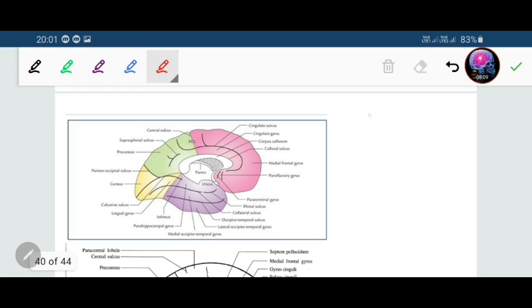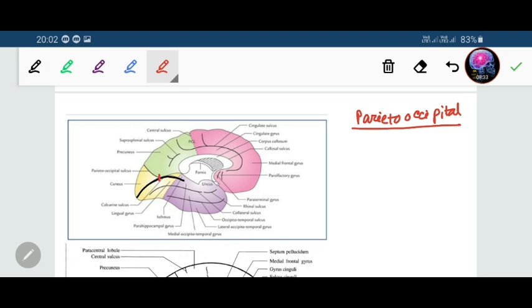Parieto-occipital sulcus. The parieto-occipital sulcus is present on the medial surface of the hemisphere. It begins at the midpoint of calcarine sulcus. Let's draw the calcarine sulcus first.